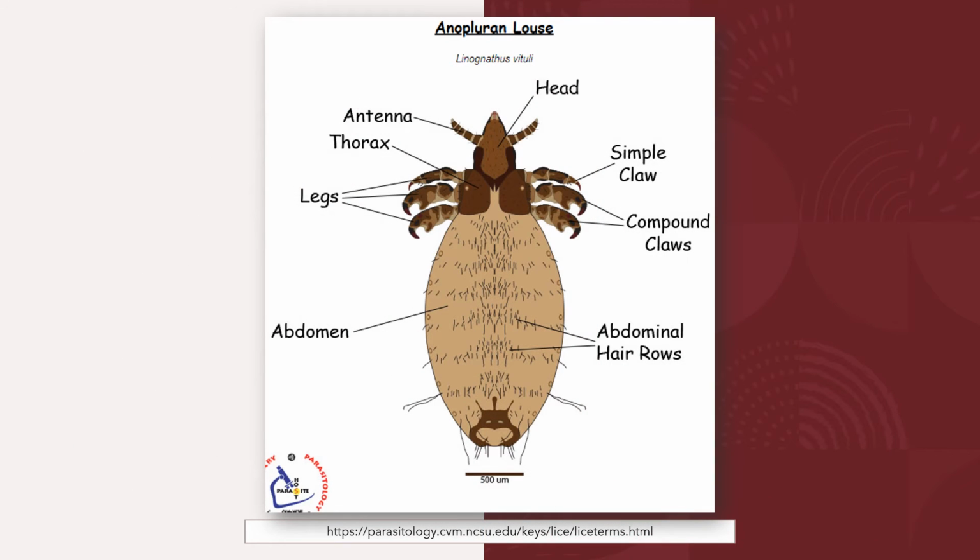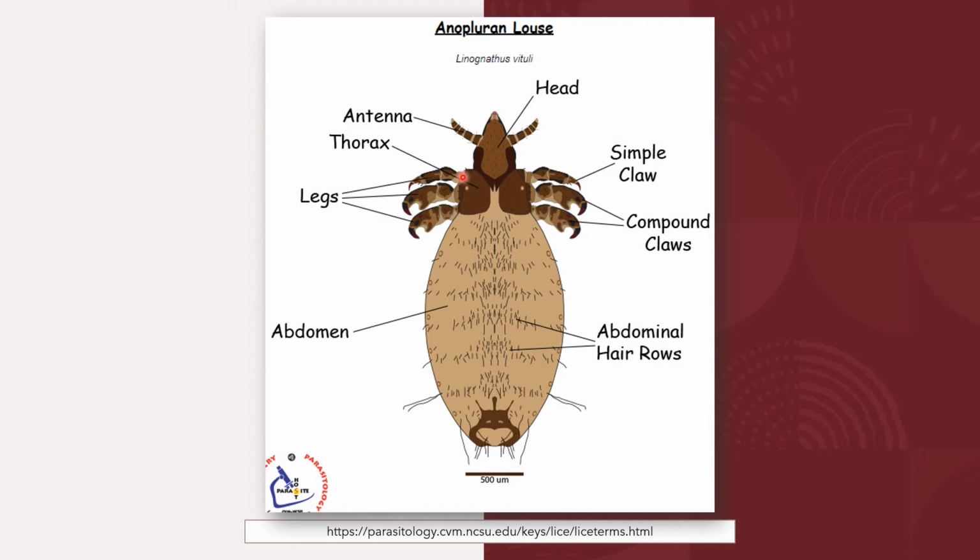This diagram shows the anatomy of the anopluran louse or the sucking louse, Linognathus vituli. So for the head, when we compare the head of this particular louse with that of the thorax, it has a narrower head compared to the thorax. For the thorax, we also have the presence of three pairs of thoracic legs.